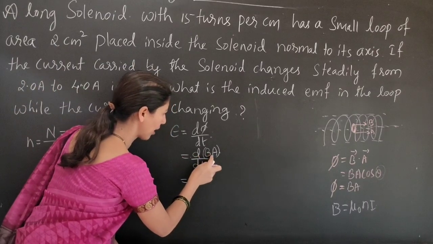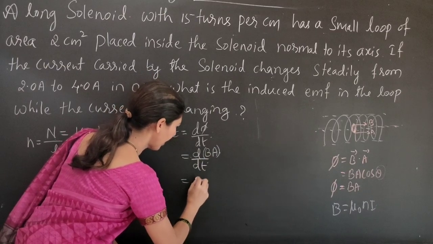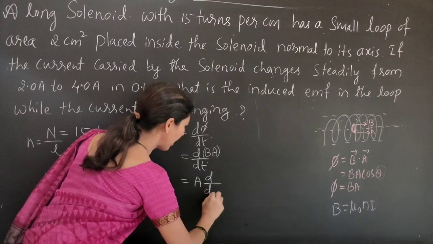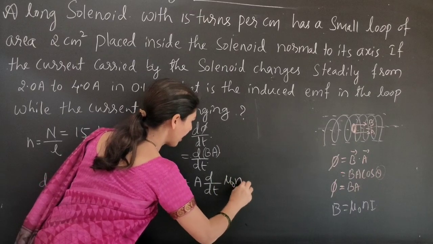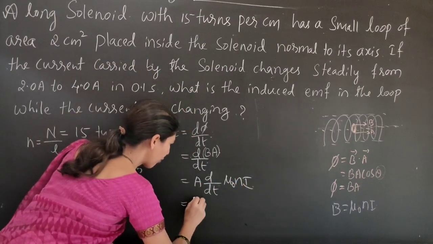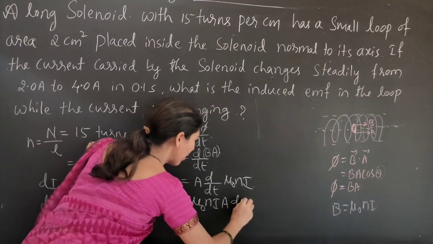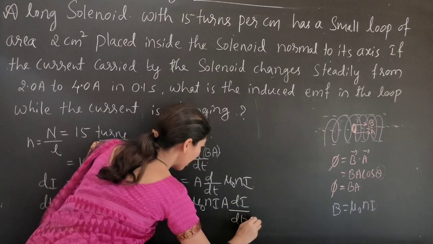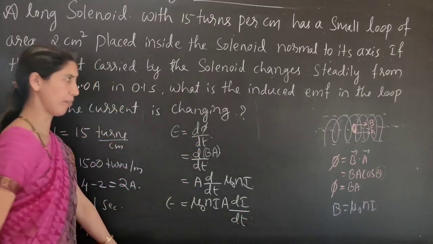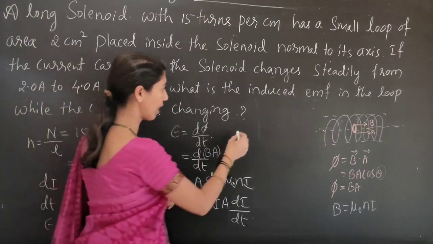A into d by dt of mu naught n I. Mu naught n you can take outside. Therefore E is equal to mu naught n I A into dI divided by dt. This formula we will get. Now substitute all these values here.